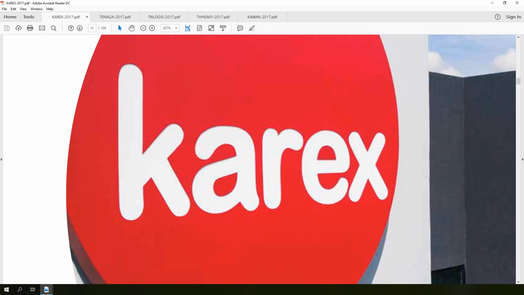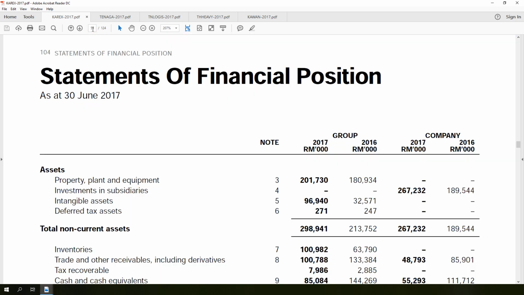First example, Karex. Navigate to the balance sheet. Search for property, plant and equipment. You won't find anything about capitalized interest here. You must go to Note 3, which is on page 77.